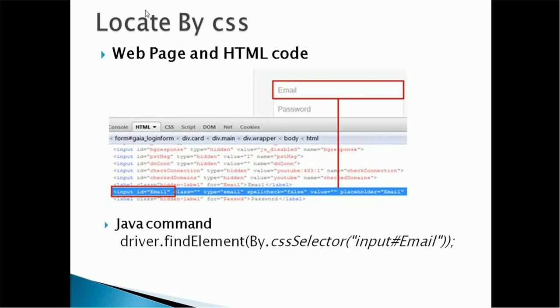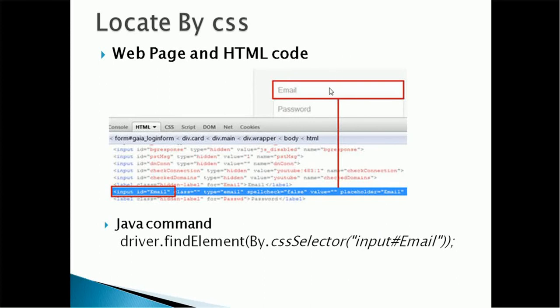We can do a lot with CSS, so I thought of creating a new video especially for CSS and XPath. For this video, just assume that CSS is also one of the locating elements in Selenium, and we have to use the method cssSelector, and inside it pass the CSS selector of the element that you want to interact with.